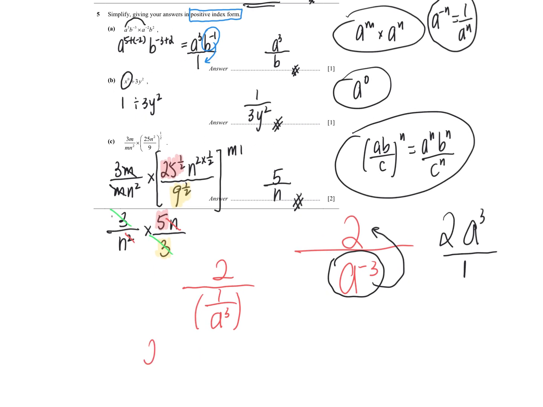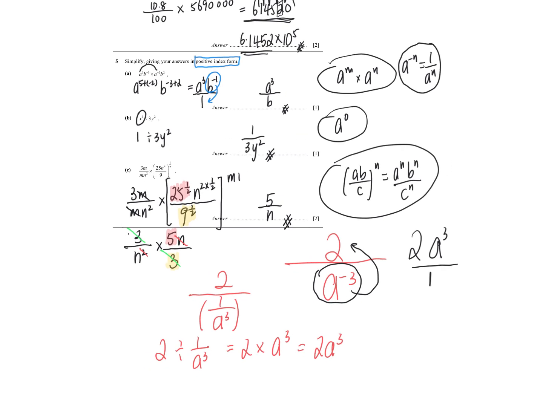So when we divide by a fraction and you do a keep change flip, you get this. So actually it's the same as shifting this up to be a cube. Okay, so this one applies when it's numerator or when it's denominator. So make sure you know. Okay, next one.